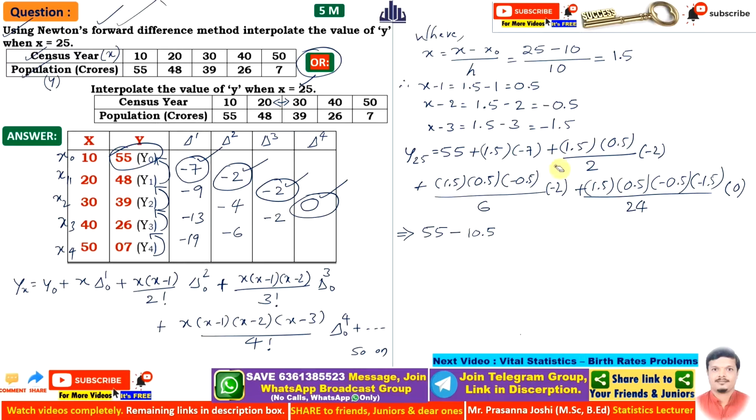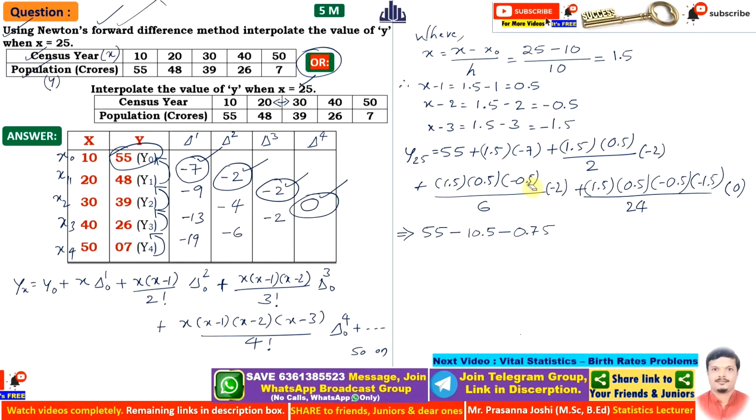Then plus into plus, plus into minus, minus. So 1.5, 0.5, this 2 are to be multiplied, and that is to be divided by 2. That becomes 0.75.